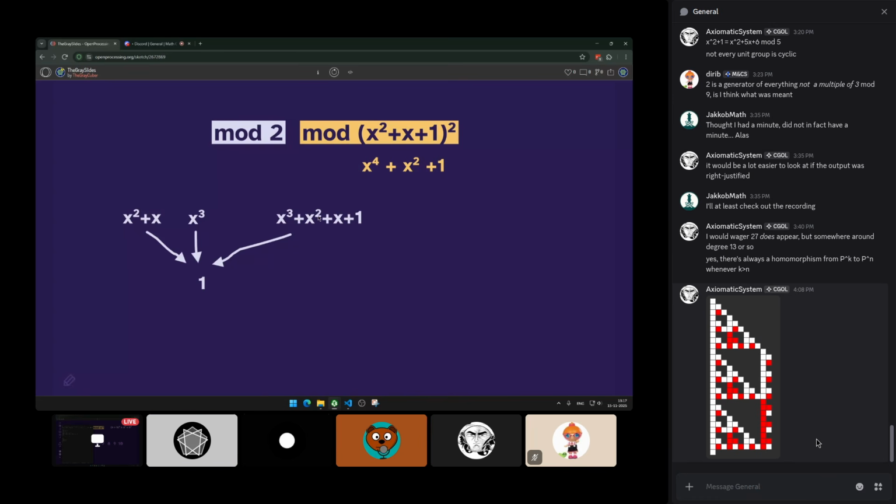So the reason that these have order 2 is because they're equivalent to 1 mod the prime itself. So we can just cancel this, and that is Fermat's little theorem.